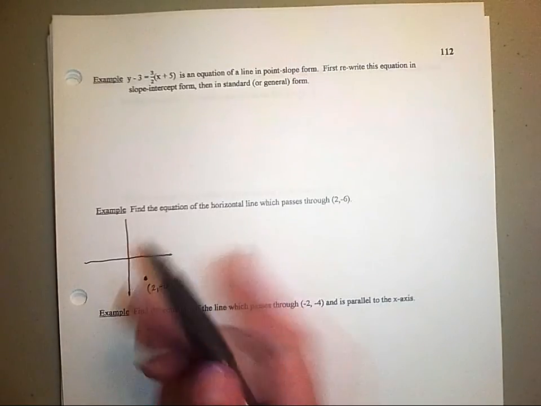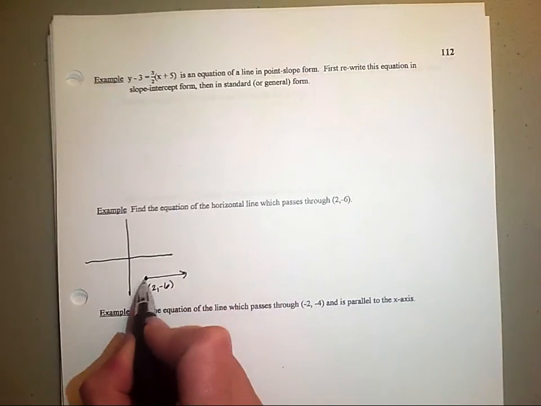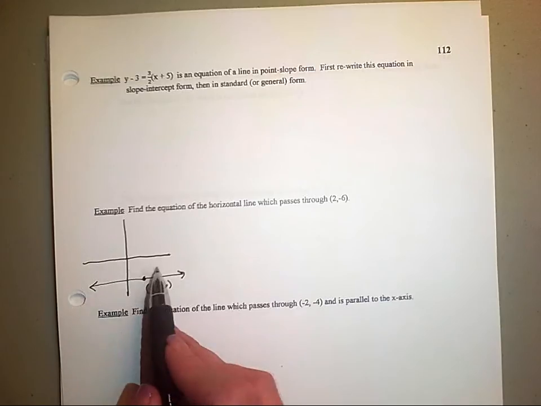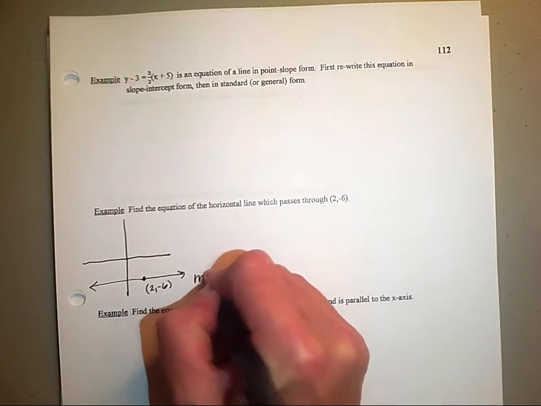So if I want the equation of the horizontal line, this is the line that will go through it. Now if we were walking on this, this would be a very easy line to walk on, so we know that the slope needs to be equal to 0.